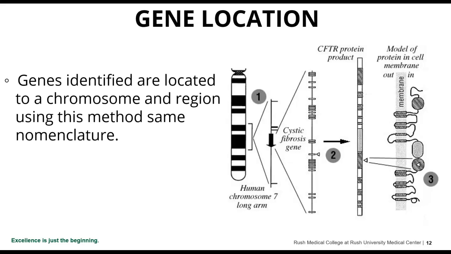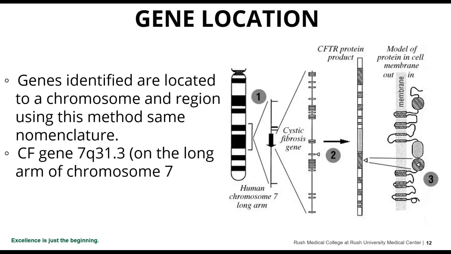So gene location. The genes are located on the chromosomes using the same method in nomenclature. First we started with cytogenetics, then we used linkage to determine where genes were. So, for instance, the gene for cystic fibrosis, which you learned about last year, is on the long arm of chromosome 7, 7q31.2.